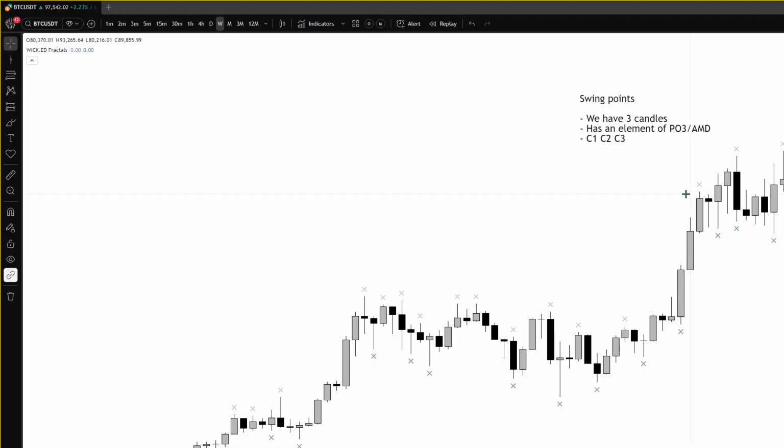Like I said, let's get on the same definition. The reason that it's mapping this out is because of candle 2. Candle 1, 2, 3: candle 2 is the highest point out of all three of these candles, so we would map that out as a swing high. Candle 2 is always going to have the swing high and swing low.